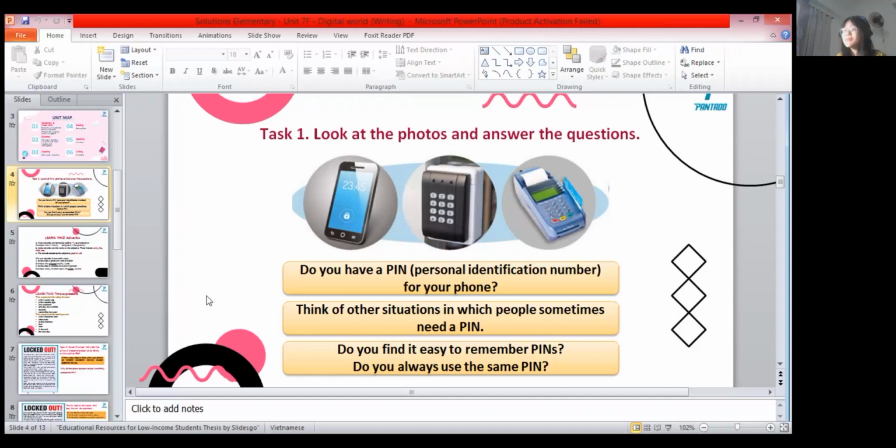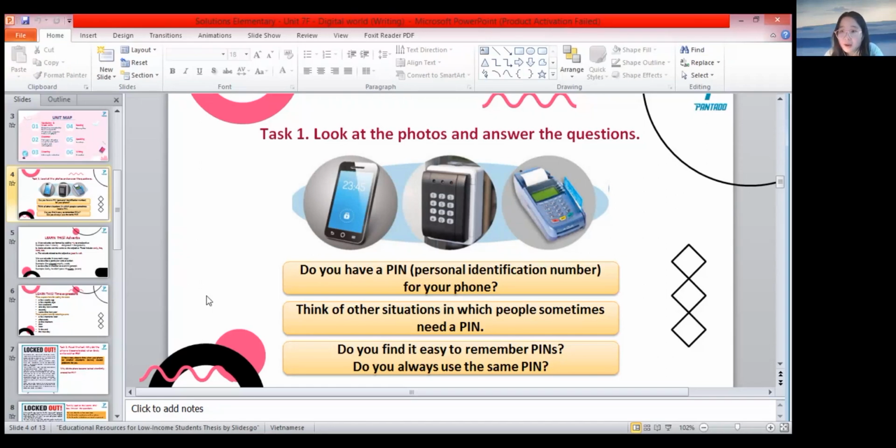It's easy to remember? Okay. I think it's hard because I have to use a lot of technology devices like the credit card, the phone, the laptop, the app, or the debit card.